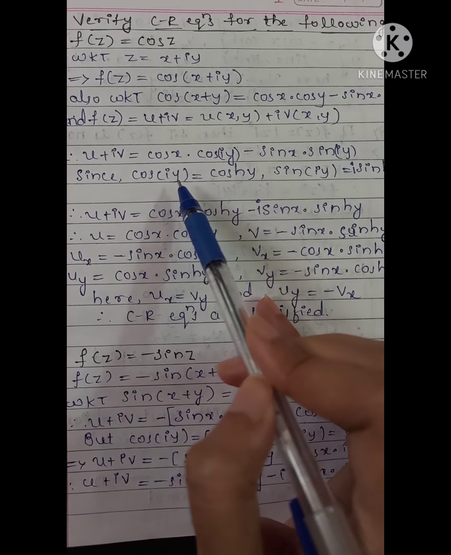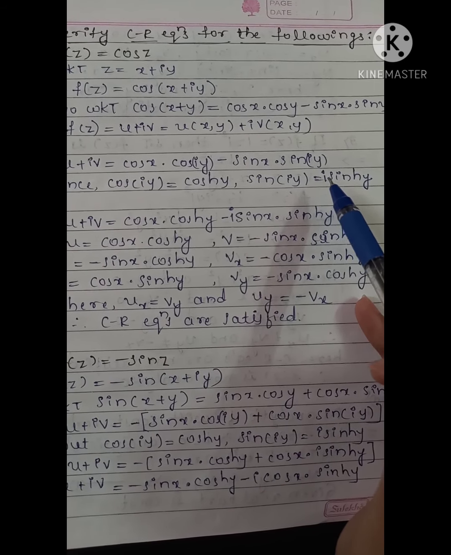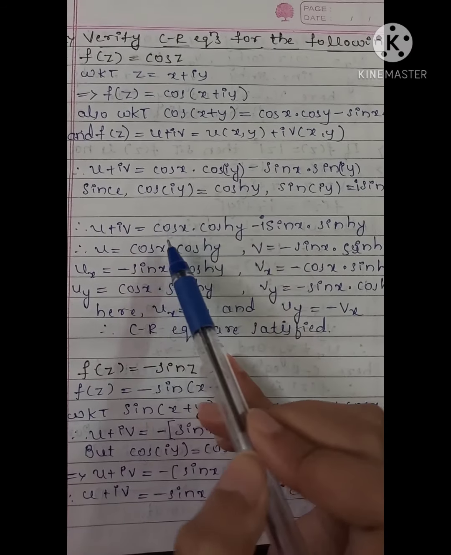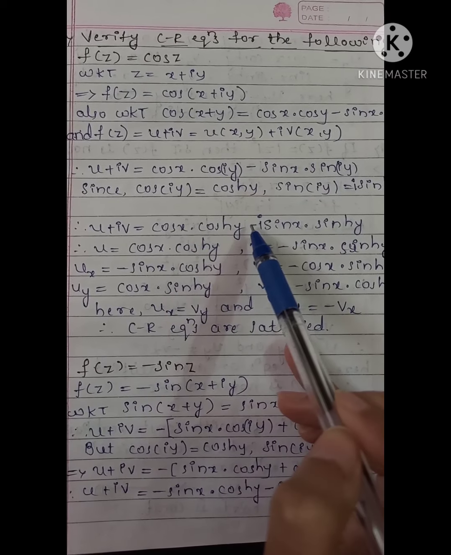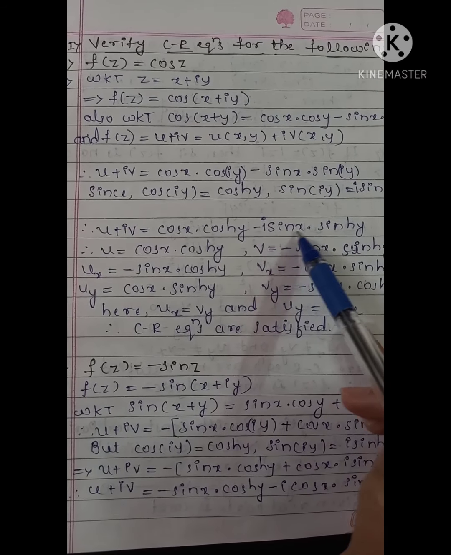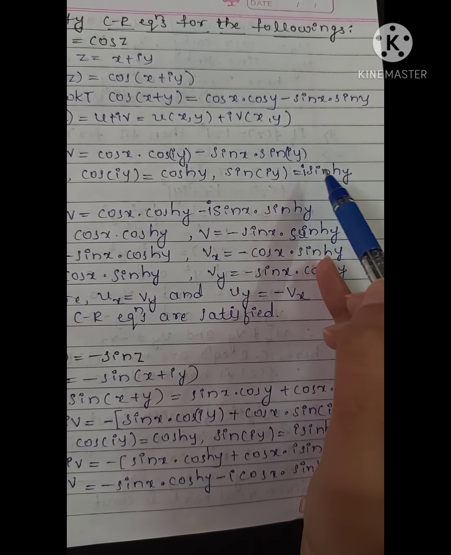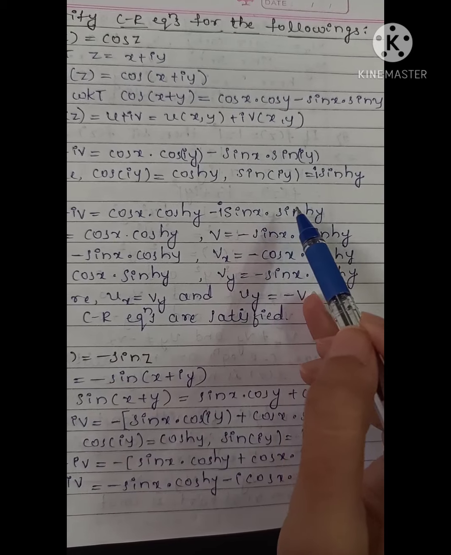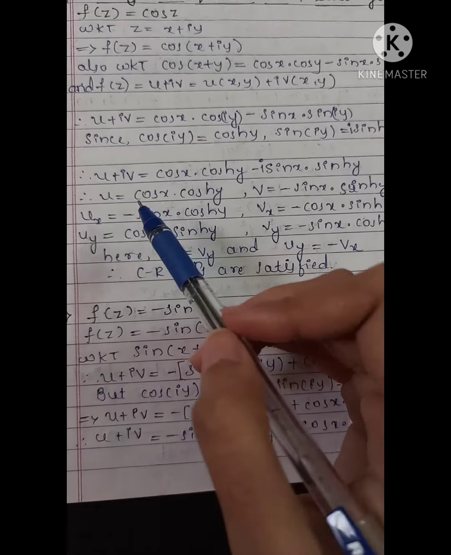And since cos iy equals cos hyperbolic y and sin iy is equal to i times sin hyperbolic y, therefore u plus iv is equal to cos x into cos hyperbolic y minus i into sin x into sin hyperbolic y. Now we have to separate the real and imaginary parts.